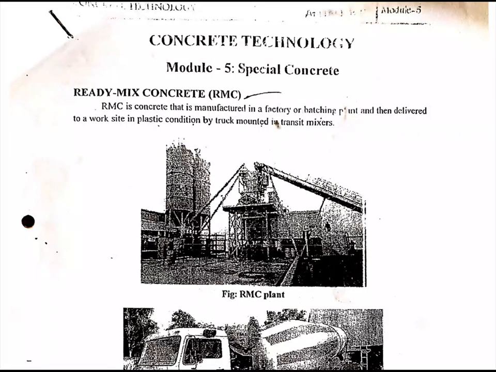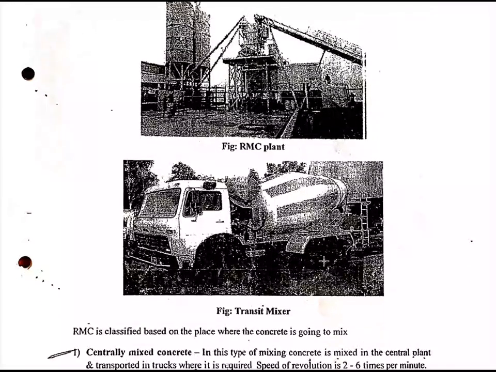Through these hoppers, the calculated amount of materials like cement, aggregates, sand, etc. is transferred to a mixer, and it is transferred through a conveyor belt into a transit mixer. Transit mixer truck, which looks like this. So this truck will carry the materials, and in the meantime it will be mixing along its way.